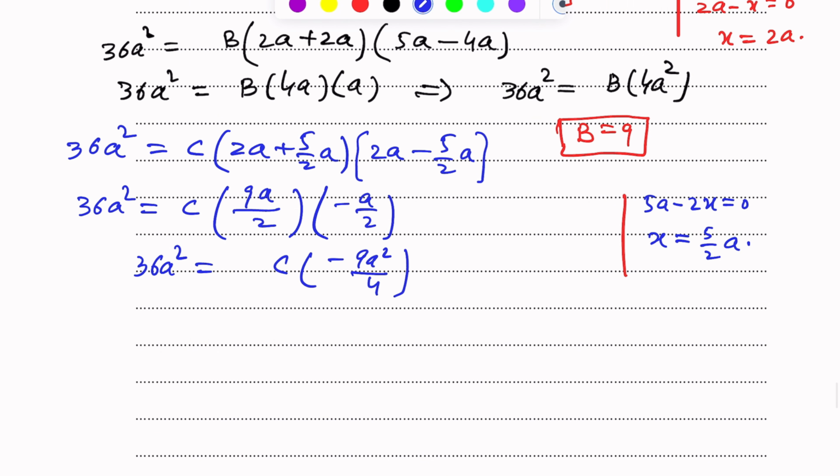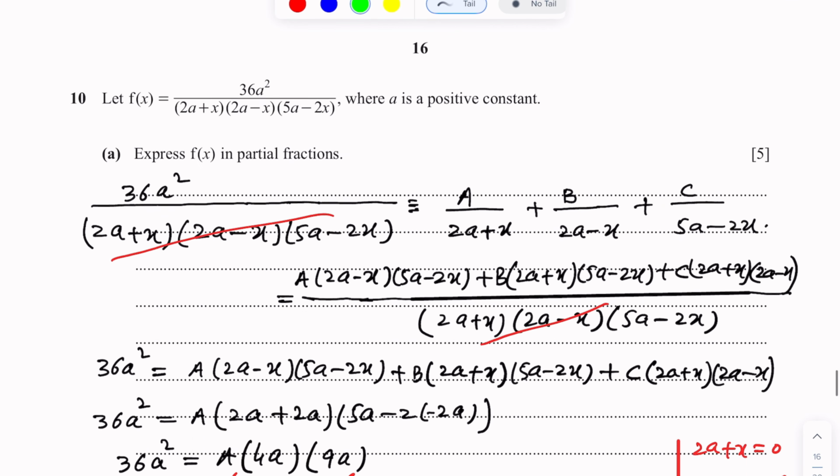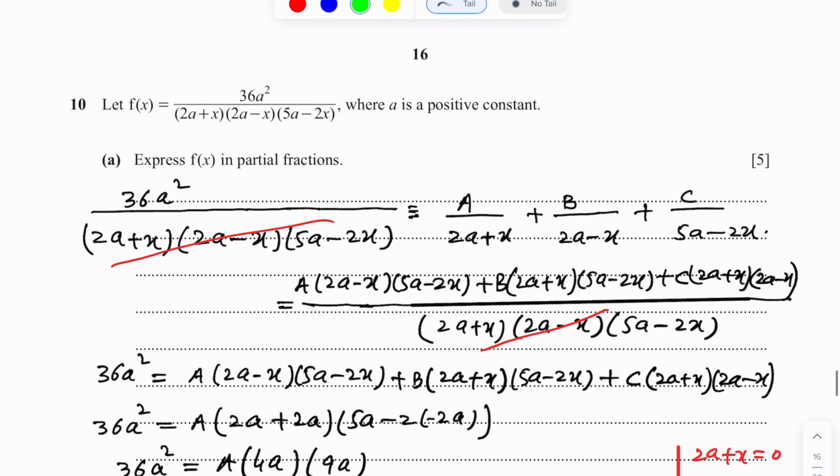So from here we can find the value of C, that is minus 16. So these are the values of A, B and C: C is equal to minus 16, B is equal to 9, and A is equal to 1. So we will put these values here.